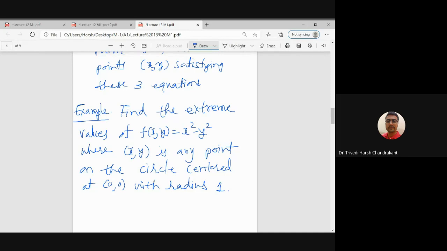In this example, we are not asked to find the absolute maximum or minimum. We need to find only the maximum and minimum value of the function on this curve.